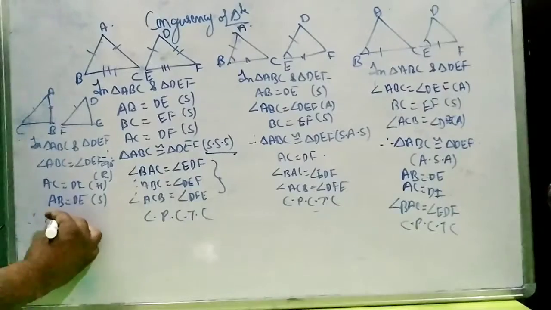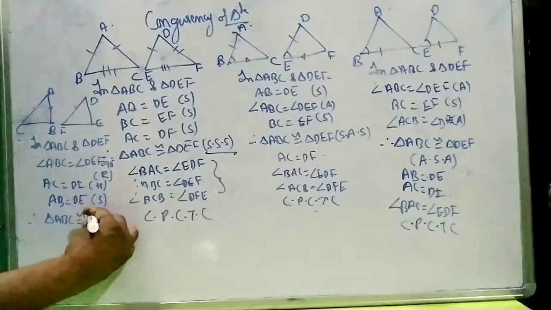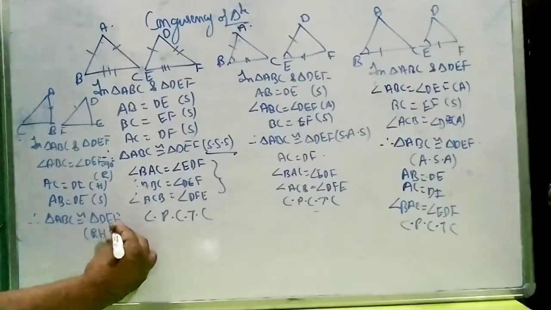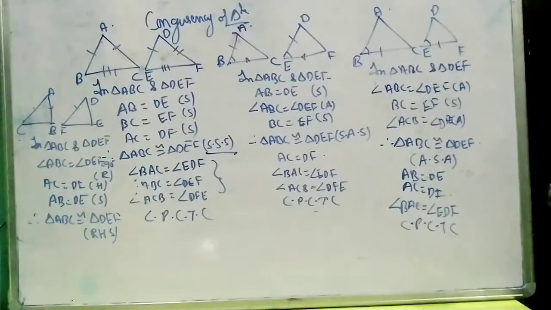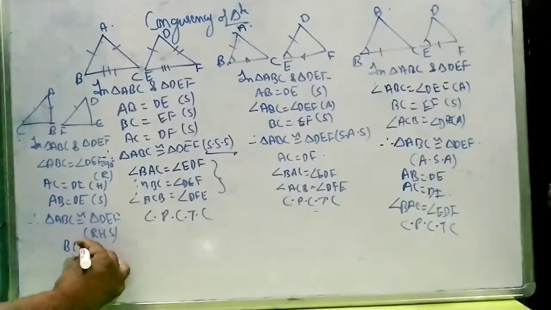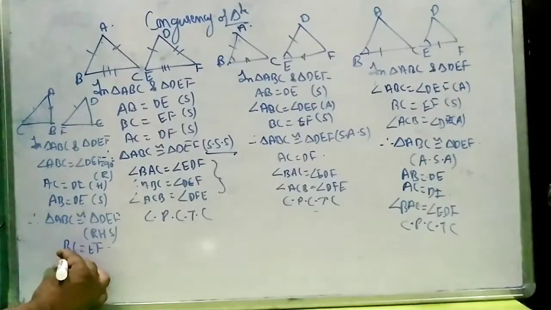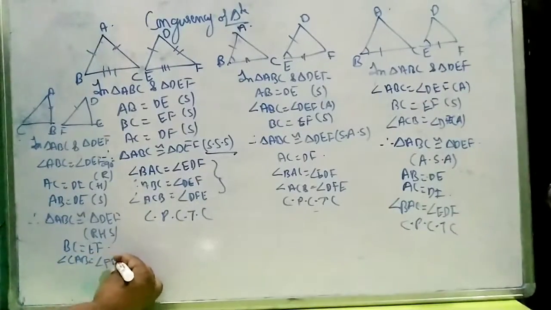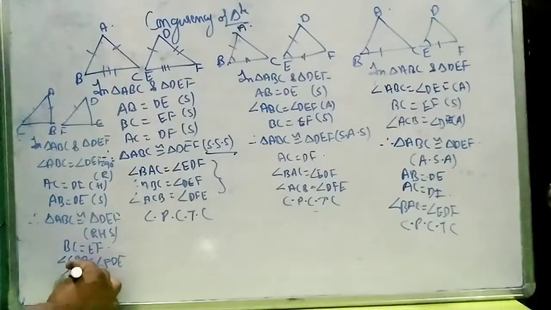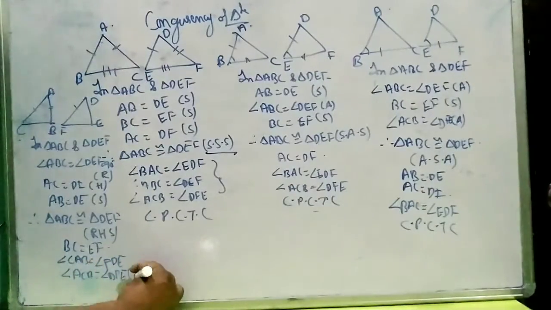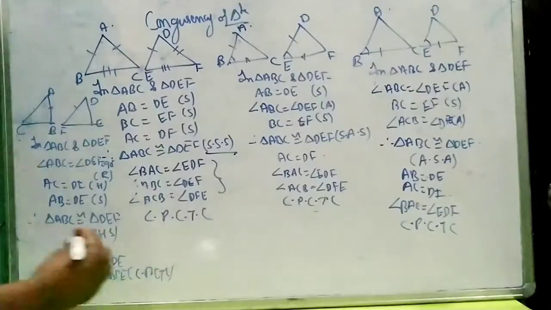Therefore we can say that triangle ABC is congruent to triangle DEF by the property of RHS, which shows that the remaining side BC is equal to EF, angle CAB is equal to angle FDE, and angle ACB is equal to angle DFE. CPCTC, they are equal.